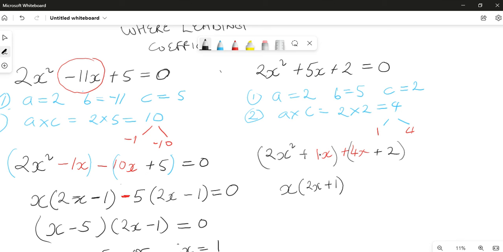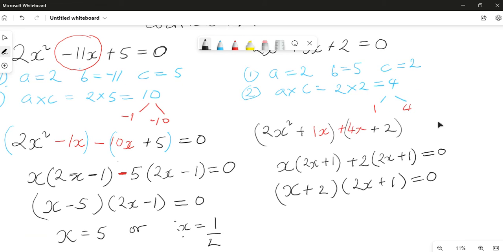For 4x plus 2, our common factor is 2, so we say plus 2. 4x divided by 2 gives us 2x. 2 divided by 2 is 1, equals 0. So we have x plus 2 and 2x plus 1 equals 0.